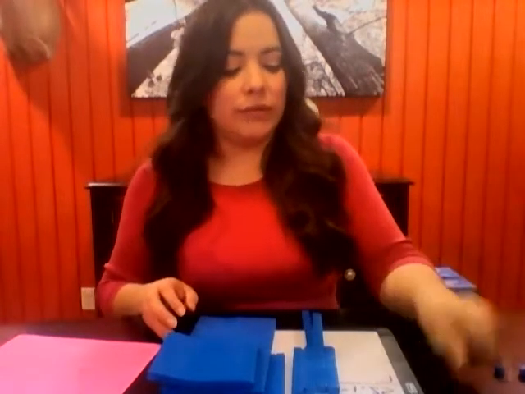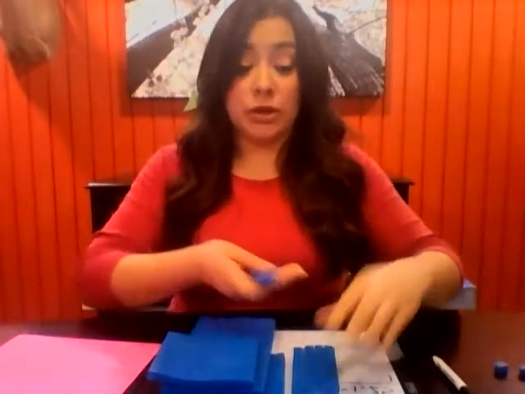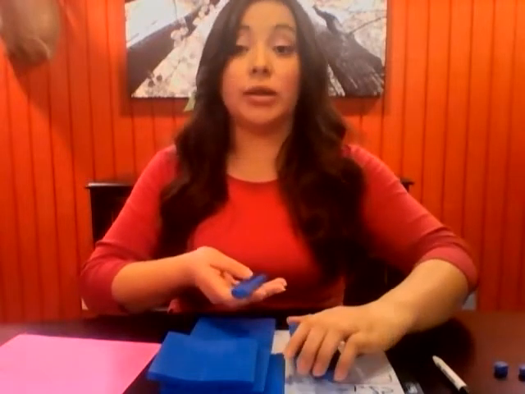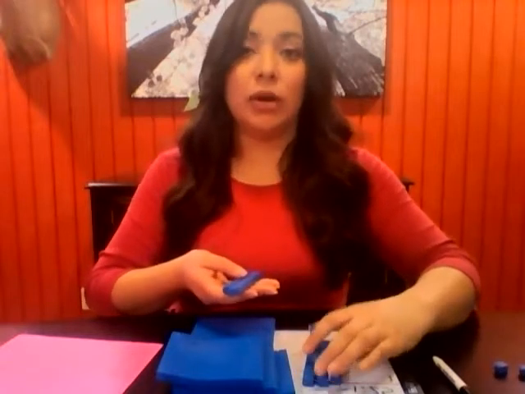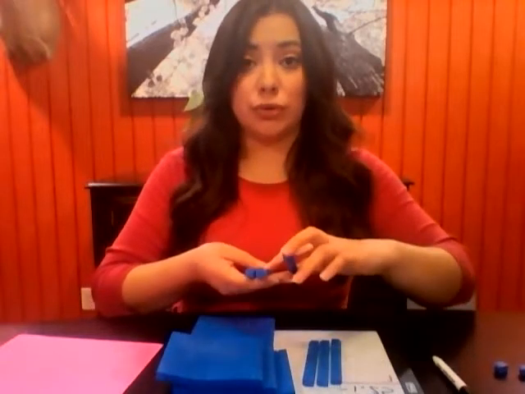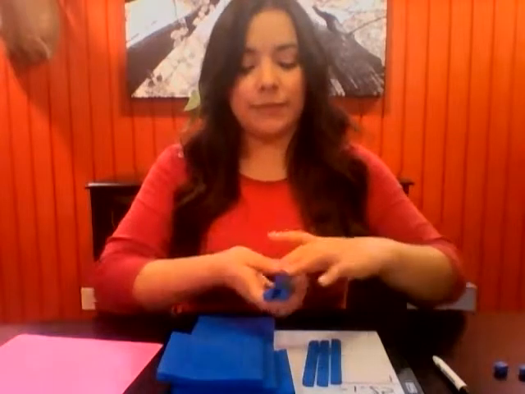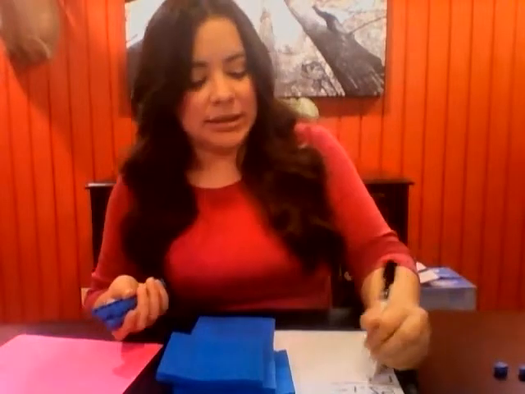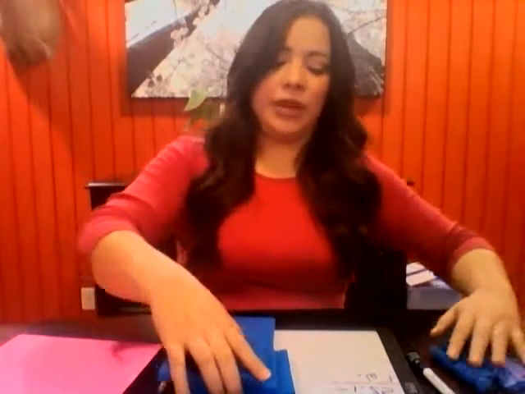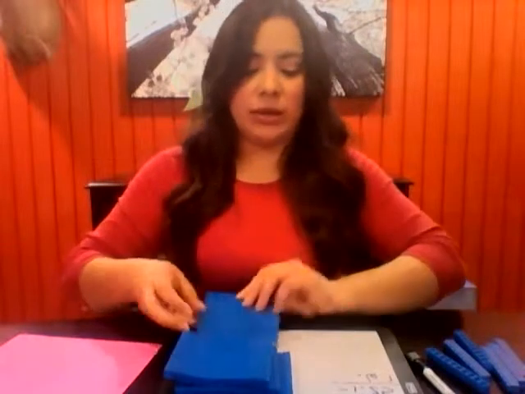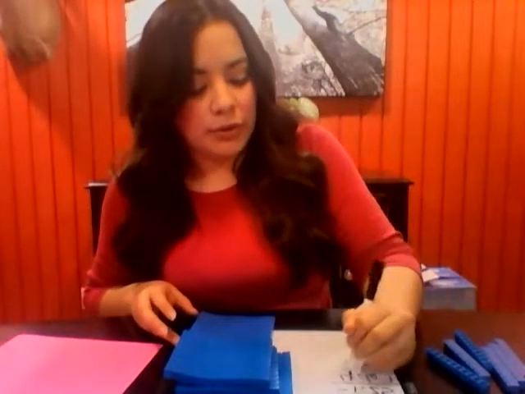Then 4 tenths and 2 tenths makes 6. Can't forget our decimal point. And then 3 plus 1 whole is 4. So our answer is now 4 and 67 hundredths.